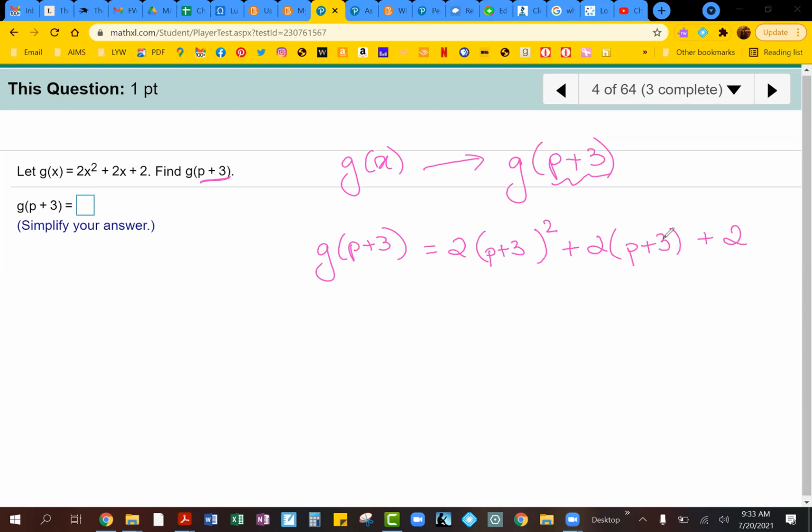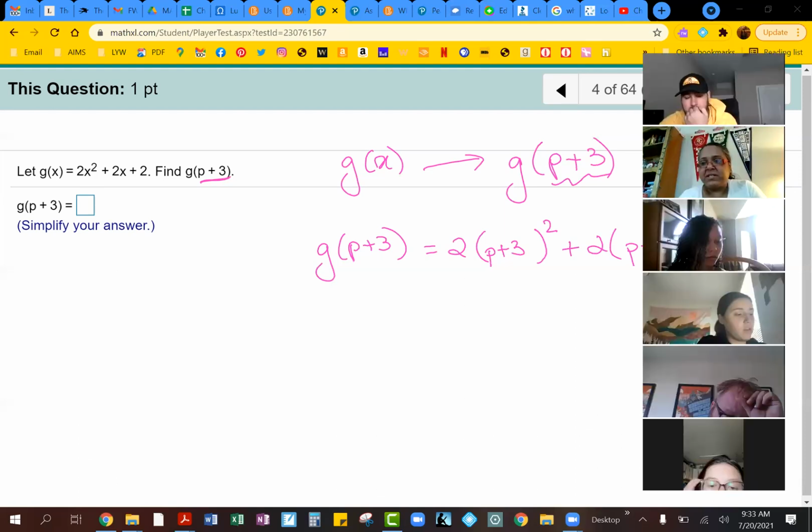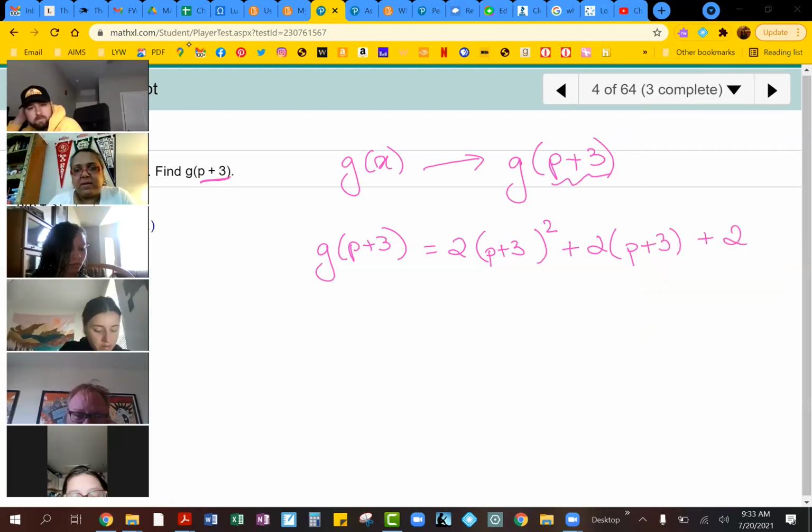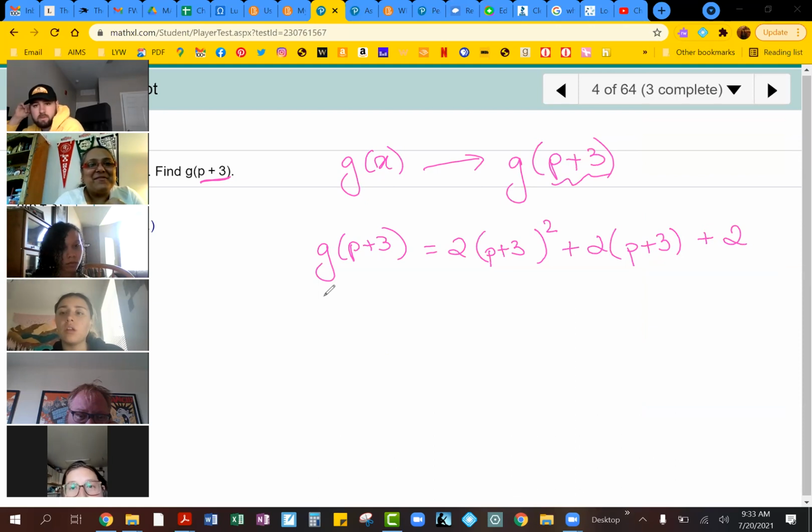So to simplify this, where do you think your first step needs to be? To try and break down that right-hand side. You follow the exponent, so don't you square the p plus 3 first? Very nice, Tiffany. Yeah.